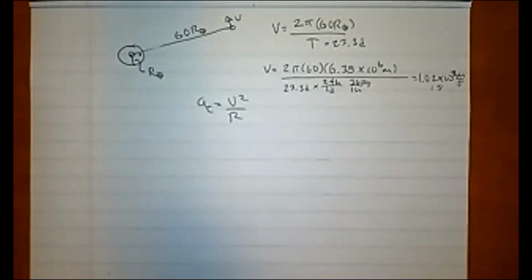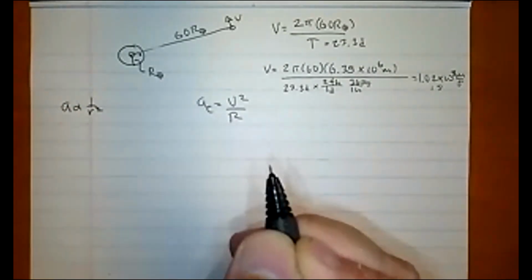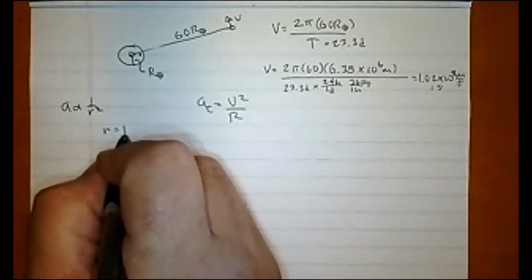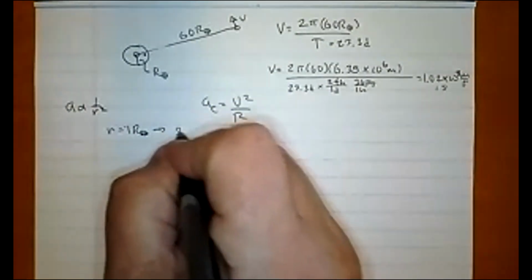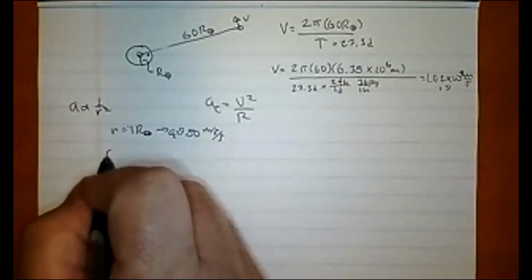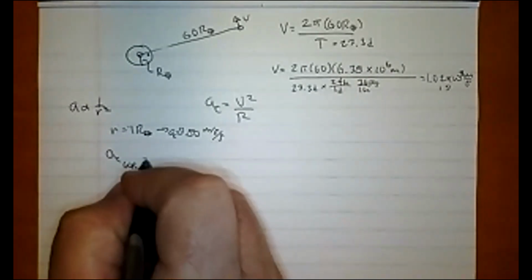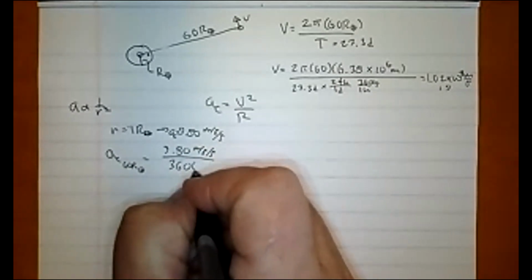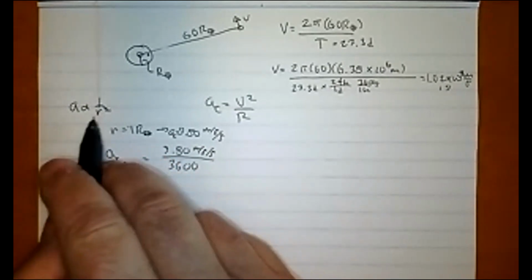But Newton was smarter than that. He just started from the very beginning and said, wait a second. If the acceleration is proportional to 1 over r squared, then what that means is the acceleration for r equal to 1 Earth radius should be 9.80 meters per second squared, but the acceleration at 60 Earth radii should be 9.80 meters per second squared divided by 3,600, because with 1 over r squared, if I take 60 times r, then that's going to be 60 times r squared.